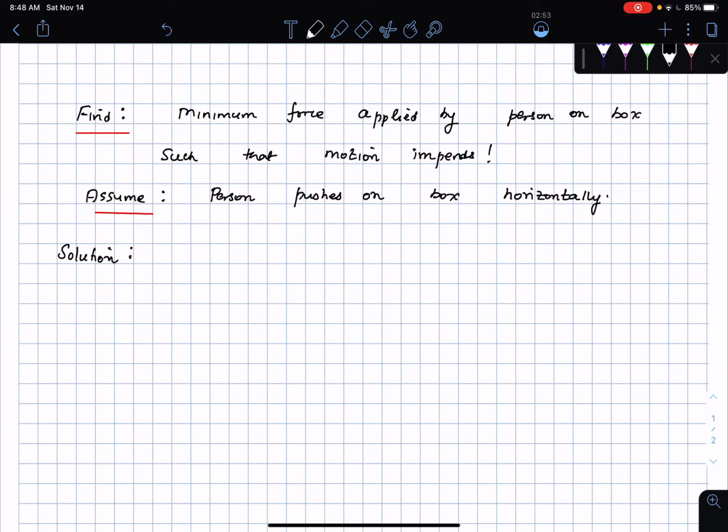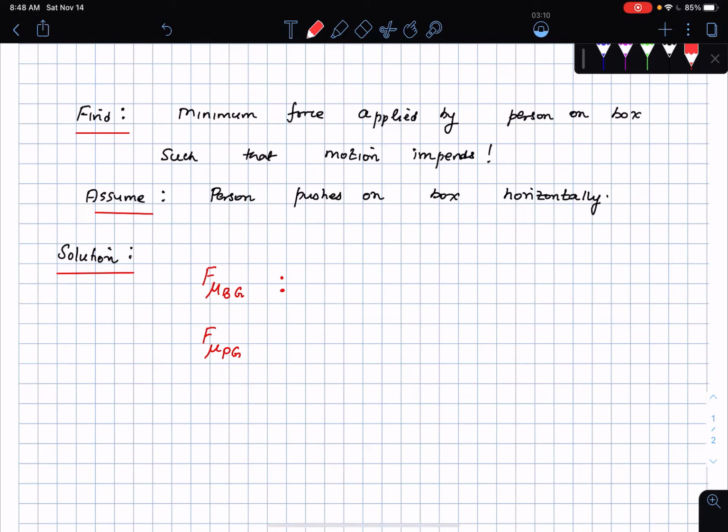Before I start doing any of the calculations, here are the things that I'm going to be writing down. I'm going to have F mu BG, and then F mu PG.